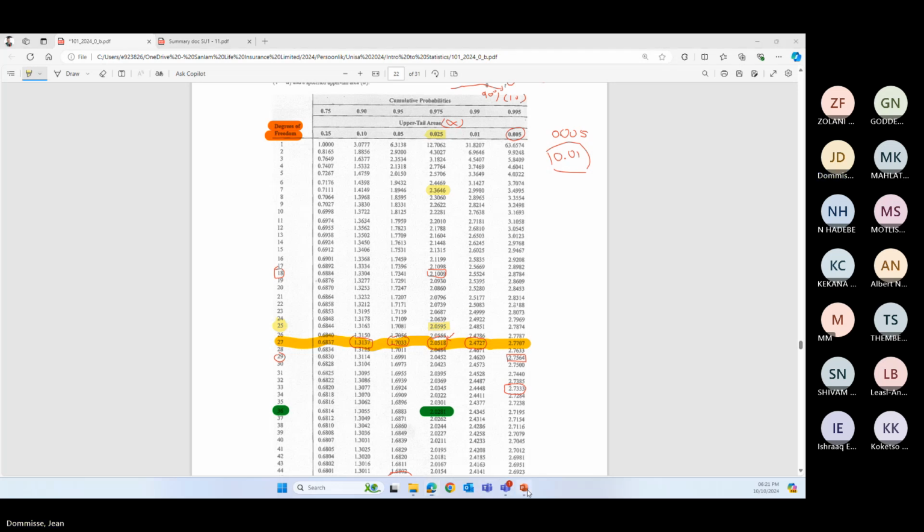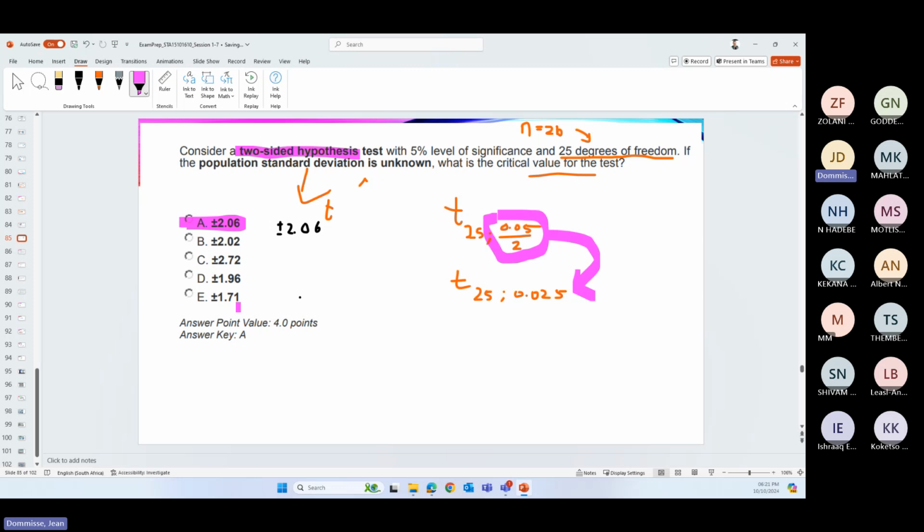1,71, there was an option of 1,71. So the two-sided here is more that you know that you need to divide that 5% level by 2. If you did not, and you used just 5%, you would get that answer.